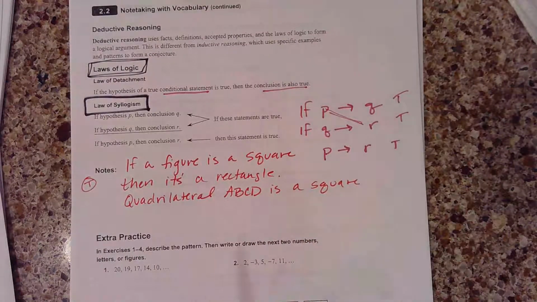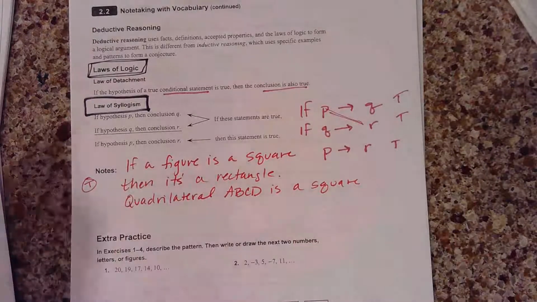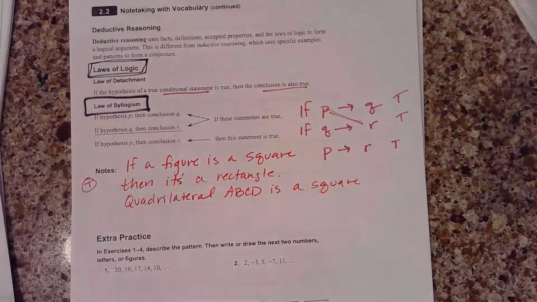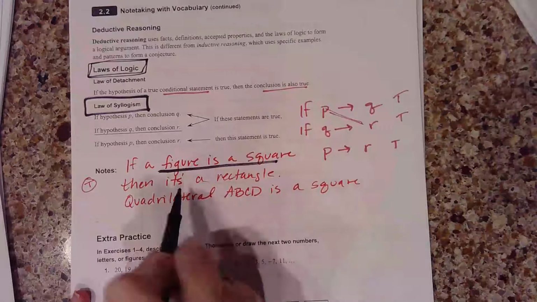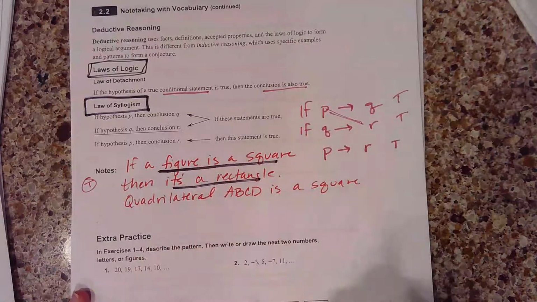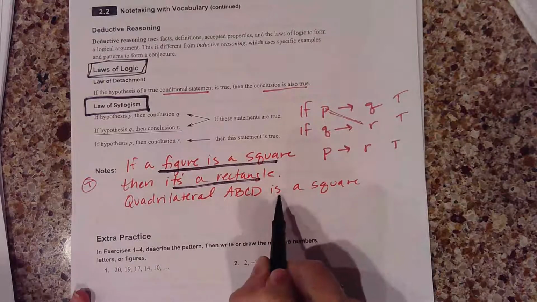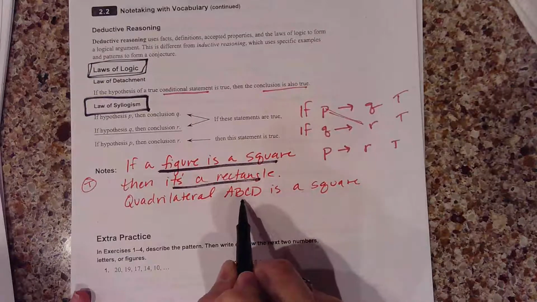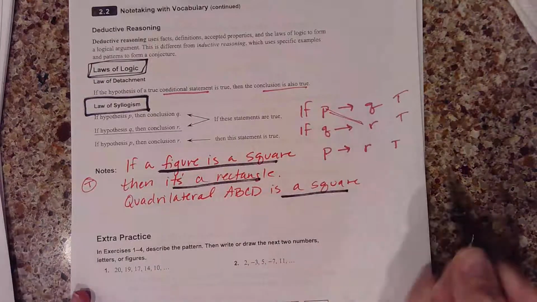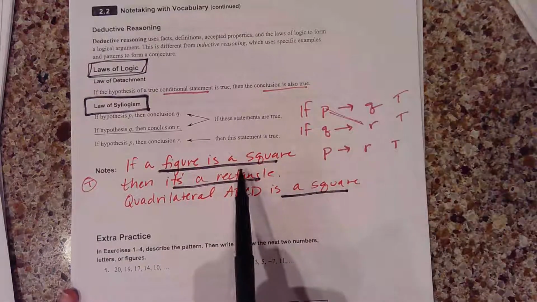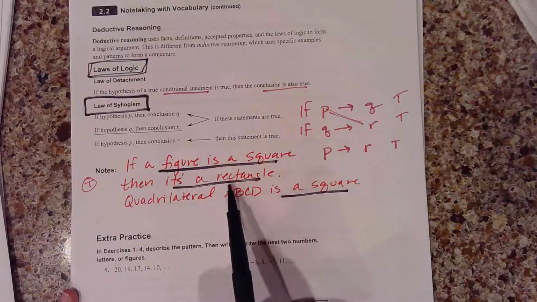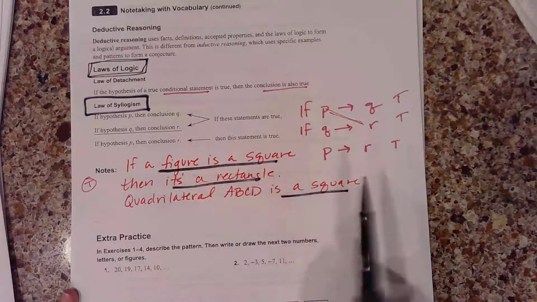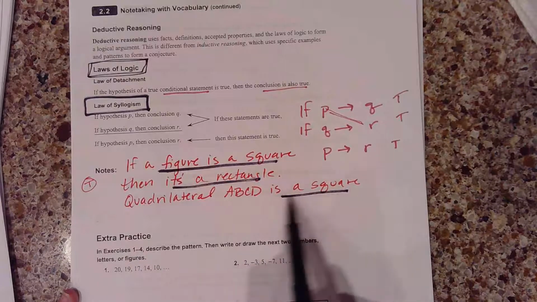So basically what we're saying here is if I have P, a figure is a square, then I have Q, it's a rectangle. Now I said, here's ABCD is a square. So I'm saying that if I have P, then I imply Q. Now I'm saying ABCD is a square.